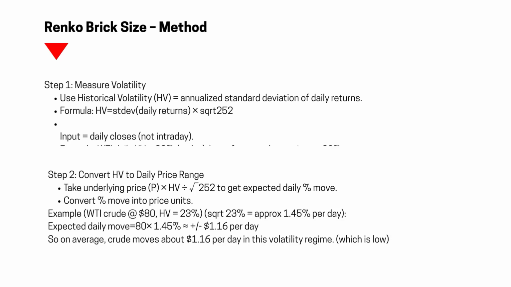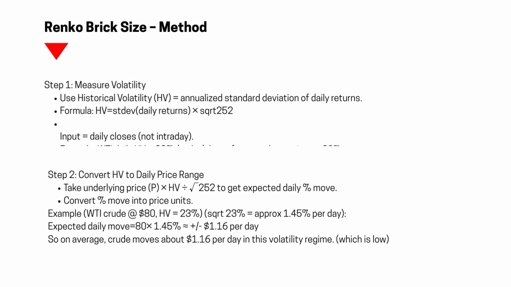That means our expected daily move would be $80 times 0.23, that's the volatility percentage, then divided by the square root of 252, which gives us 0.73, which means we're expecting the price of crude oil on average to move plus minus 73 cents per day.